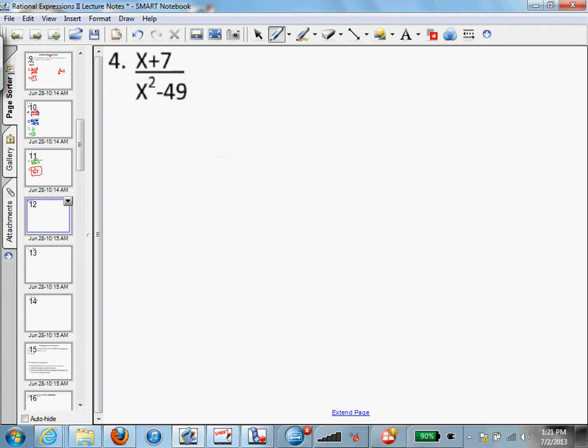Okay, with number 4 we have the fraction x plus 7 on top divided by x squared minus 49. Now it's important to note that the denominator can be broken down by factoring into x plus 7 times x minus 7. So we can rewrite this as x plus 7 over the quantity x plus 7 times the quantity x minus 7.